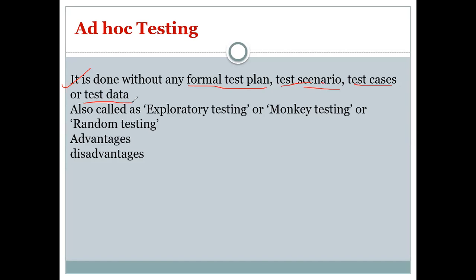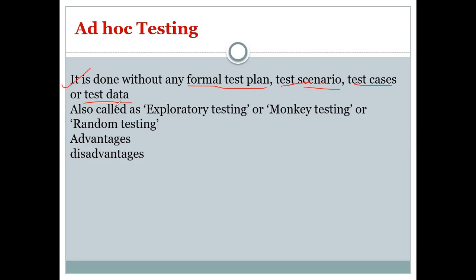You are not having anything with you. You are new to that particular project and software, and you are going to handle it like anything. Clicking anywhere, checking the logos, checking all the URLs, everything you are doing with that software, and you are trying to find as many defects as you can.